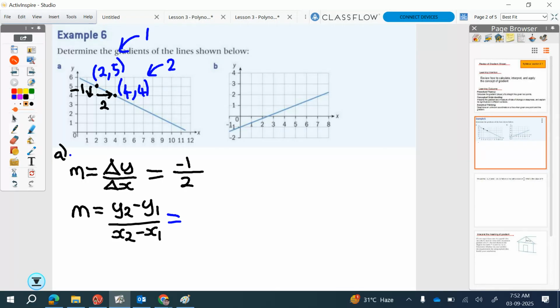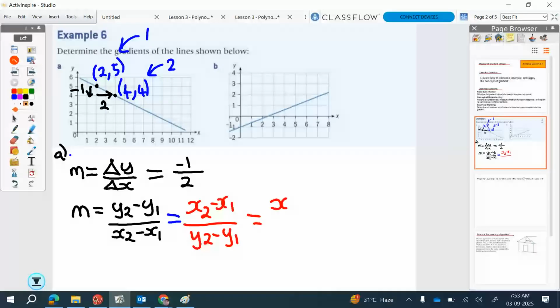Now, using this formula you often make mistakes. The most common one students make is putting them in upside down, with the change in x over the change in y. This is wrong. Don't do it like this.